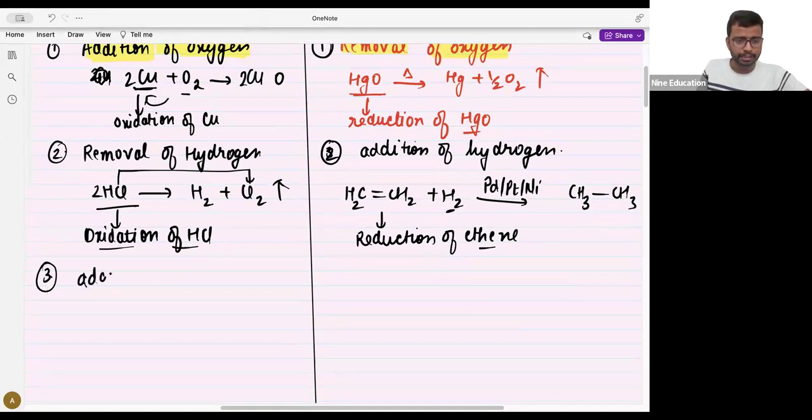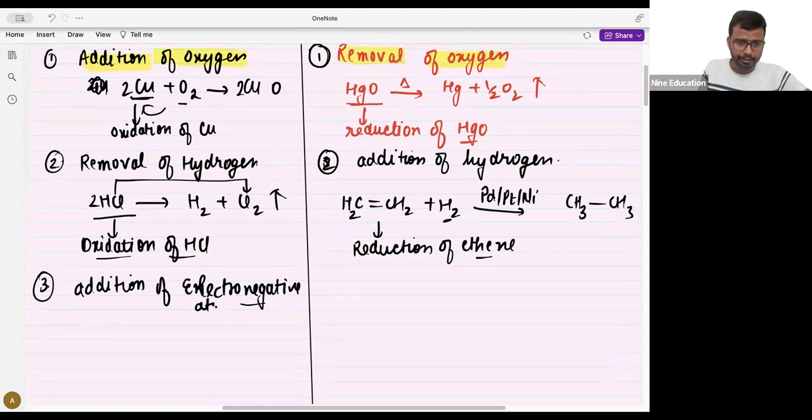See, addition of an electronegative element is also oxidation. Let's say I add to PCl3 a Cl2, I will get PCl5.